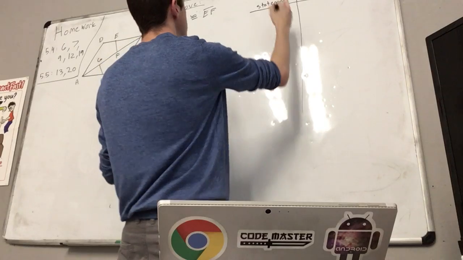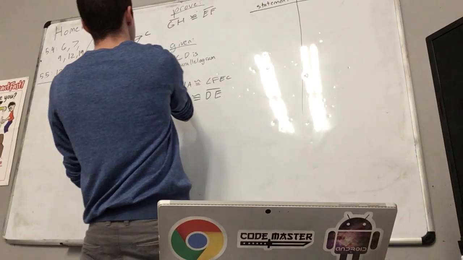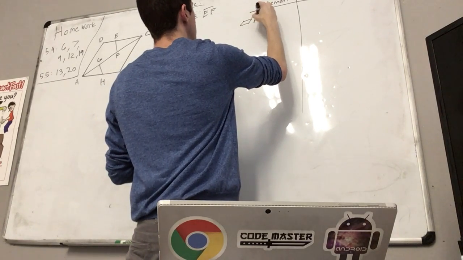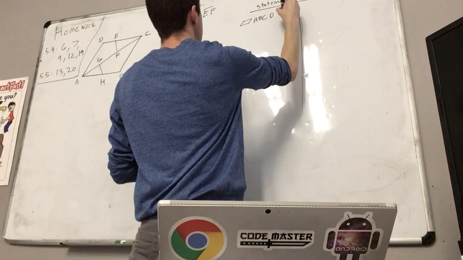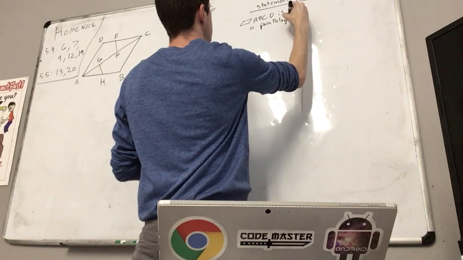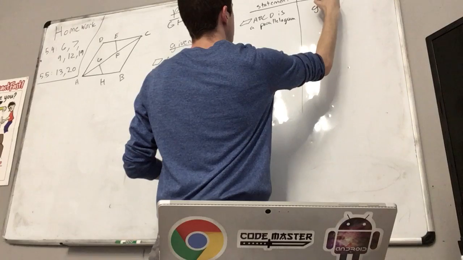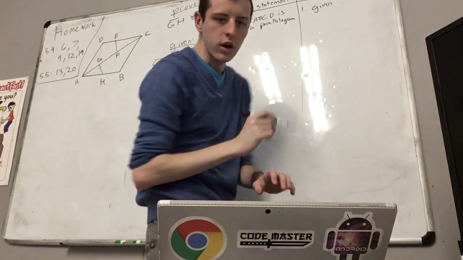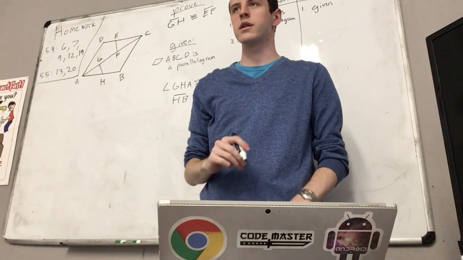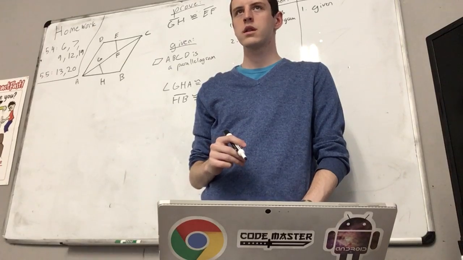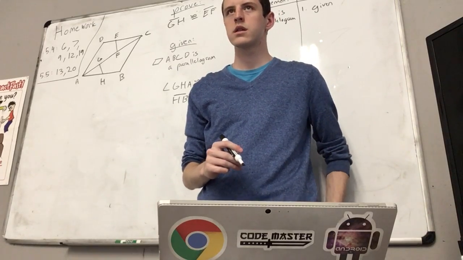I'm gonna use this first one: ABCD is a parallelogram. Okay, good first step. How about the next one? Second step?